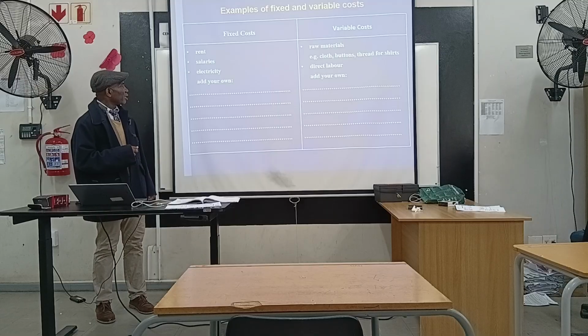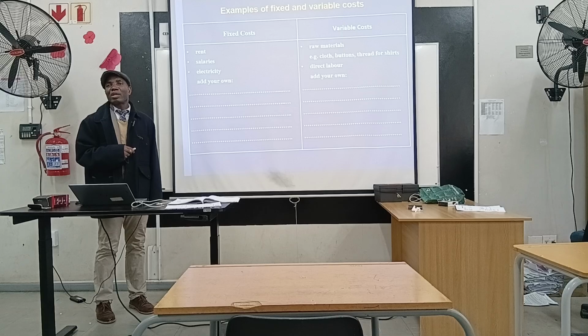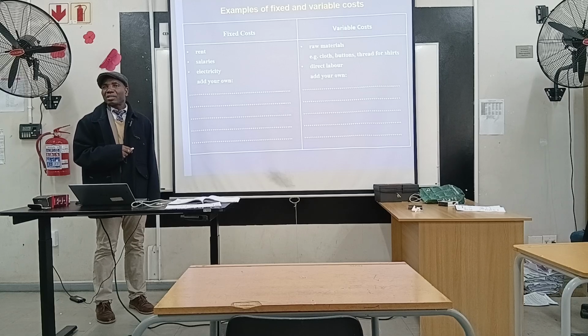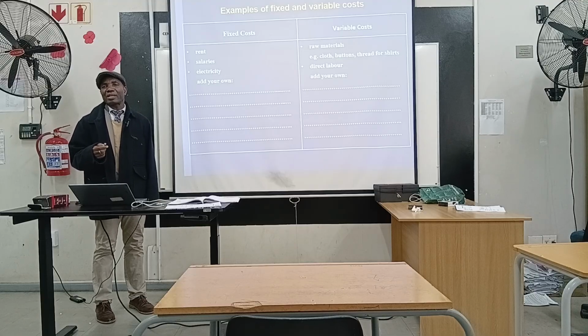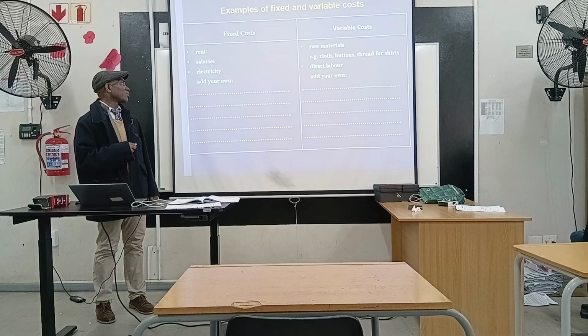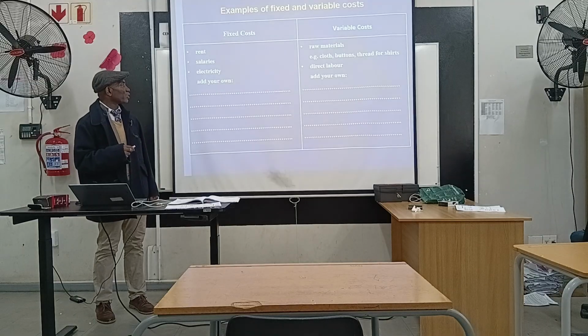Electricity, right? When you look at electricity, it's relative. Because if you are using the electricity to produce, it cannot be fixed because of the volume of production, right? If your production volume increases, and people have to be working shifts in the night, then you cannot classify electricity as a fixed cost.